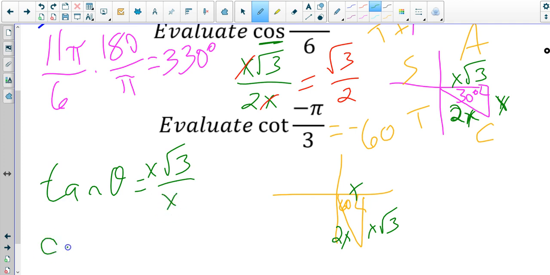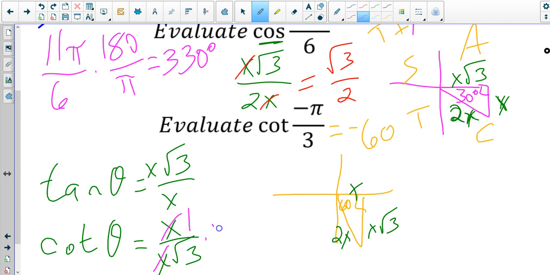So the cotangent would be the reciprocal of that function, or x over x square root of 3. Again, the x's cancel out. We're left with 1 over the square root of 3, so we rationalize the denominator by multiplying top and bottom by the square root of 3, and we end up with the square root of 3 over 3.